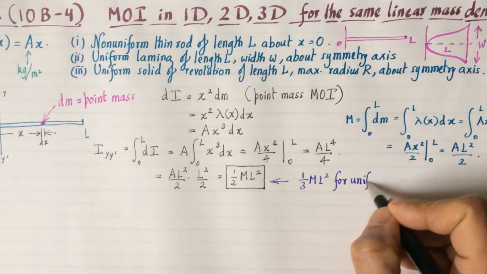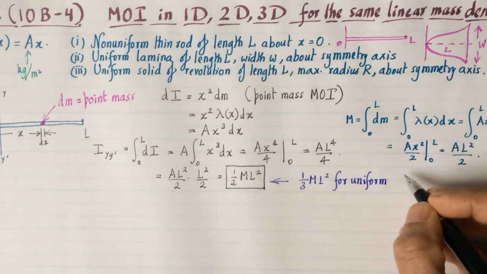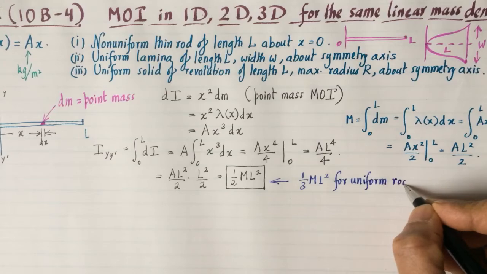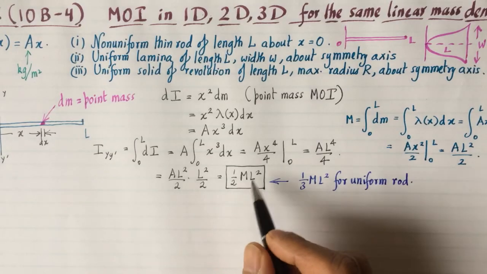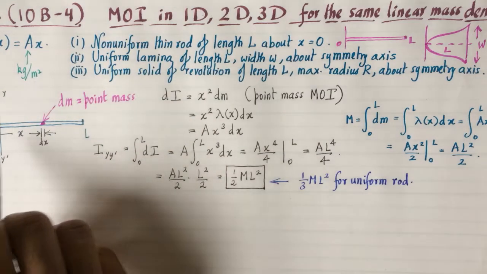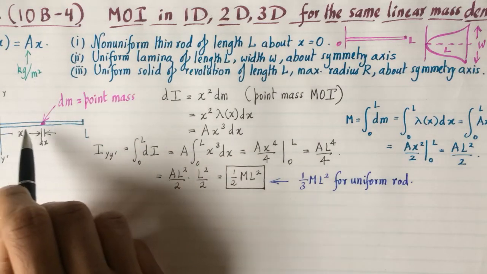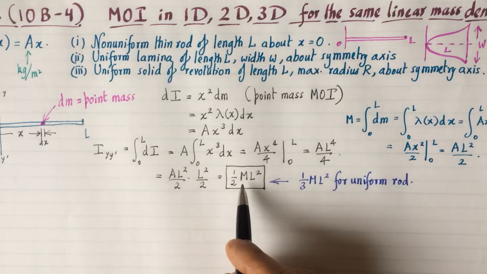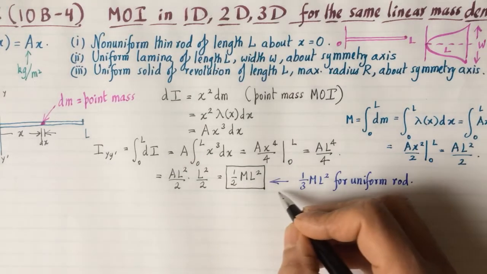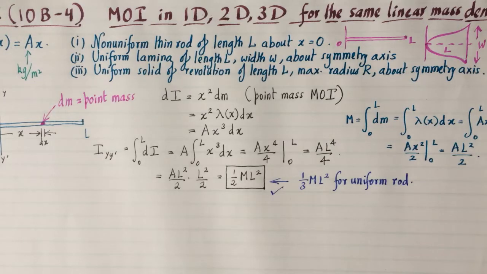Now a uniform rod has the same mass per unit length throughout, so you can expect a non-uniform rod with lambda given by A times x to have more mass as the rod goes further out, so it should be harder to rotate, and indeed 1/2 is bigger than 1/3, so this passes the common sense test.